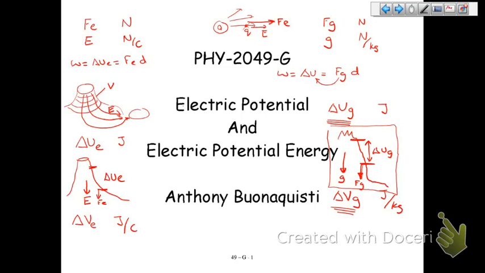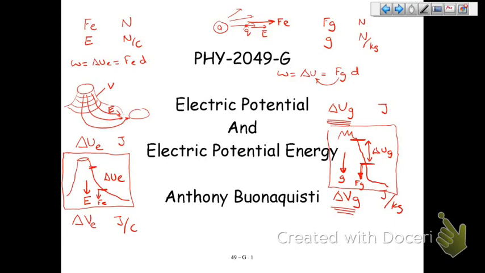So that's the kind of game we play in this chapter. There's another wrinkle or two in there, but that's the kind of game we play. Four things in particular: electric force, electric field, change in electric potential energy, change in electric potential.